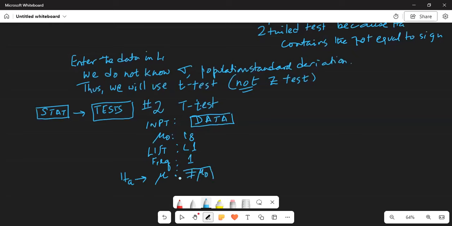So bring the cursor on the first option, which is not equal to mu0, and hit enter so that it's flashing on not equal to mu0. Then with the down arrow key, put the cursor on Calculate and hit enter once.